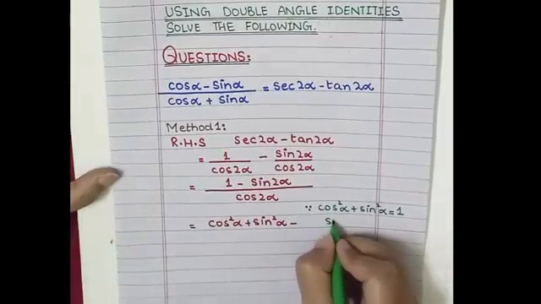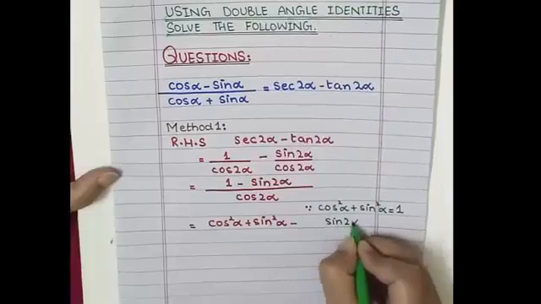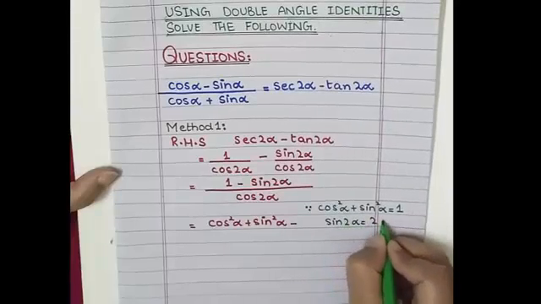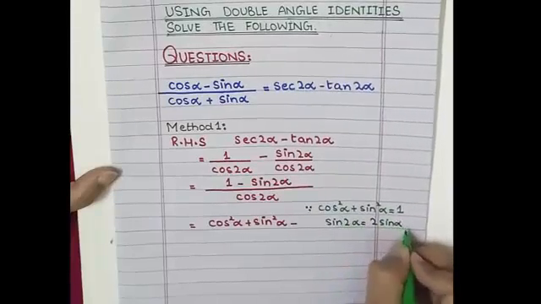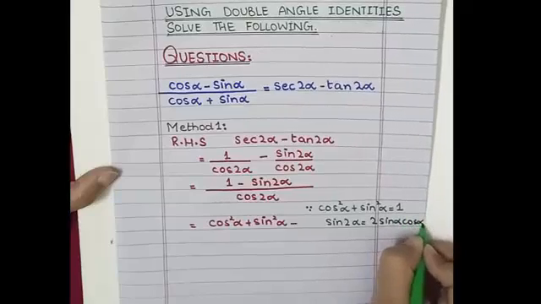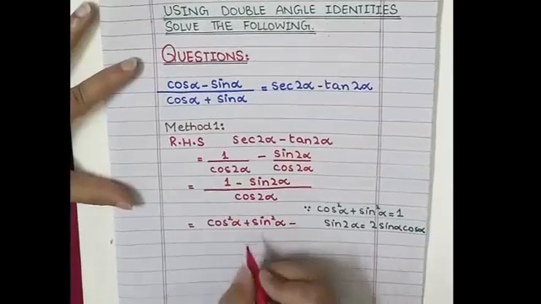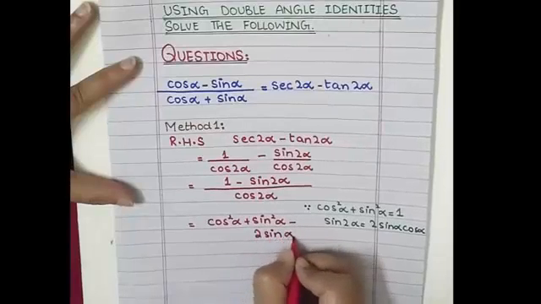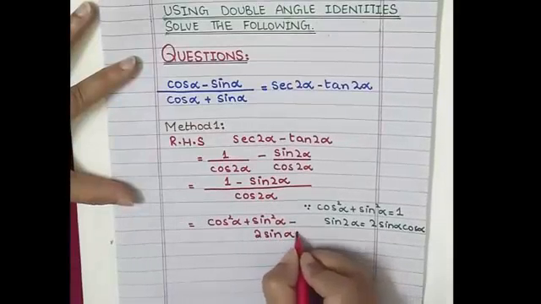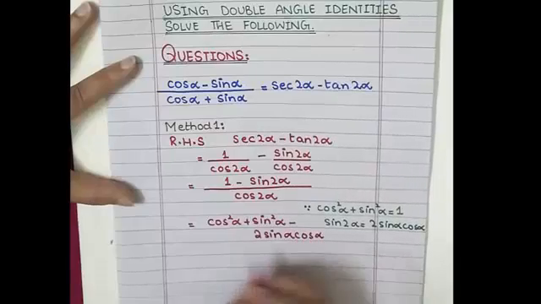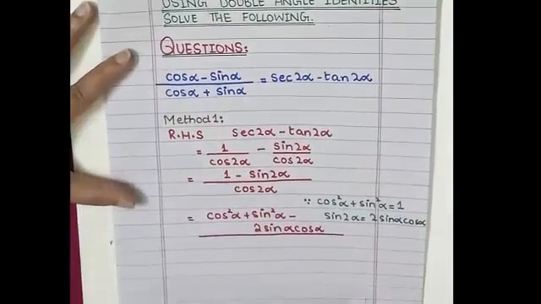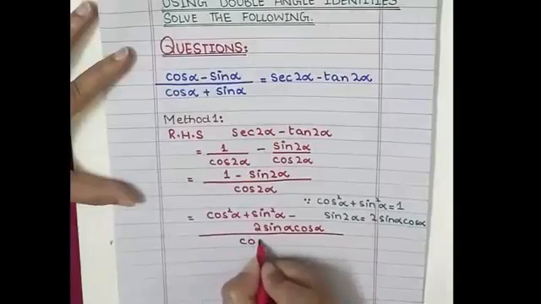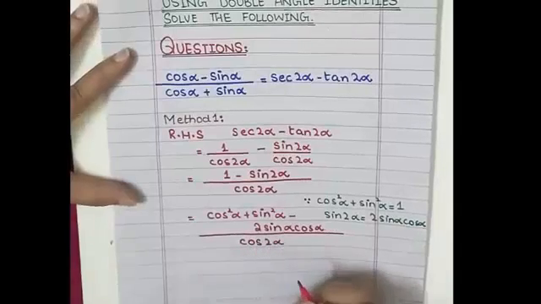So the sin 2 alpha is equal to 2 sin alpha cos alpha. So writing the formula, 2 sin alpha cos alpha divided by cos 2 alpha.